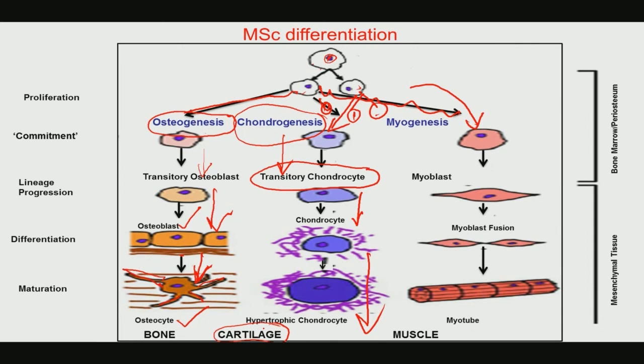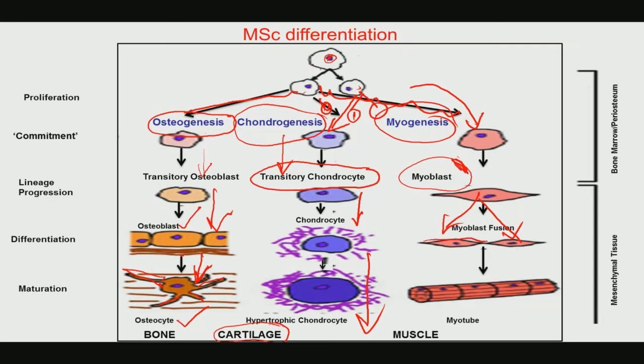The third one is myogenesis, that is muscle cells. Initially it forms myoblasts and then subsequently myotubes, and subsequently it forms muscles. In the process of myogenesis, the first member is the myoblast, that is the muscle cell. Now, when these muscle cells grow, like 1 to 2 and 2 to 4, the muscle cells come together and have a very characteristic spindle shape.